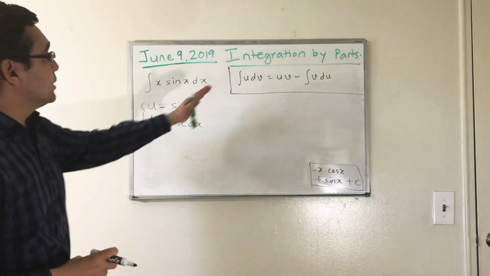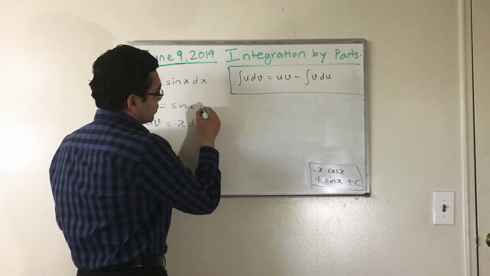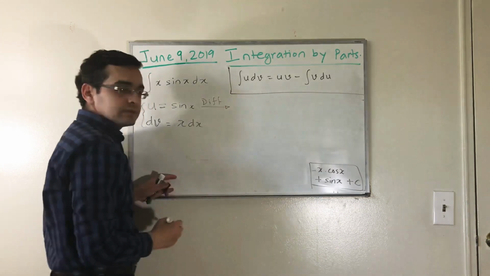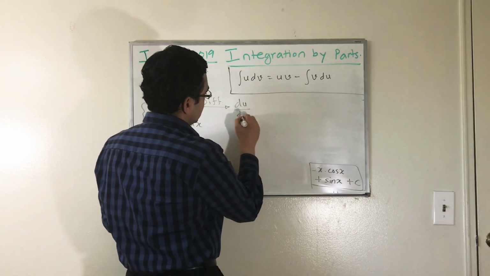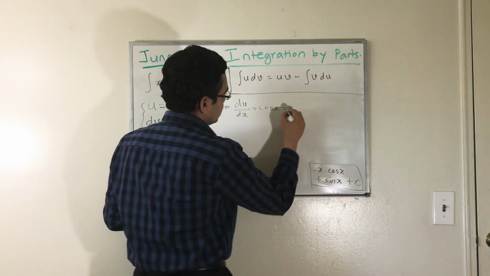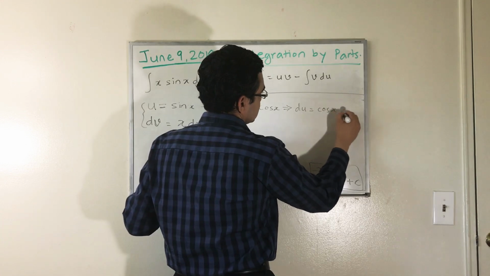Now once again, to be able to apply this formula, I need du, so I'm going to differentiate the first equation. So I get du over dx is equal to cosine of x, which gives me du equal to cosine x dx.